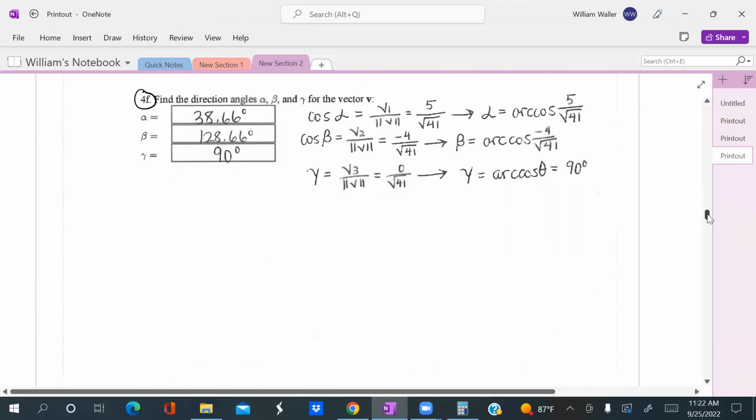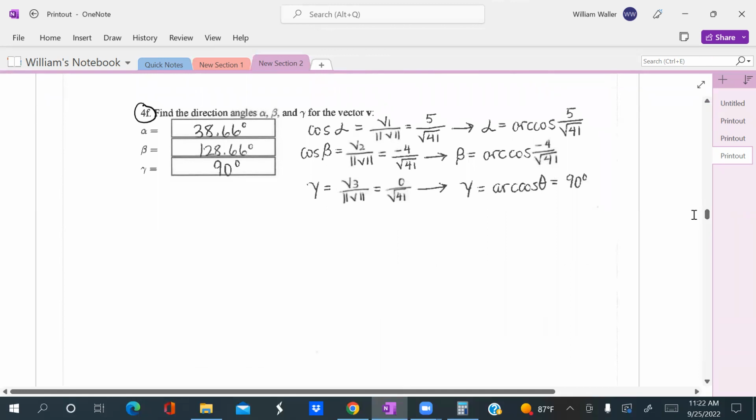Now, another thing for 3 dimensions that we also do in 2 dimensions, but it's a little more complicated, is find direction angles. If you have a vector and you want to know its direction, that's something we often want to calculate. In 2 dimensions, the direction is just a single angle, the angle formed between the vector and the x-axis.